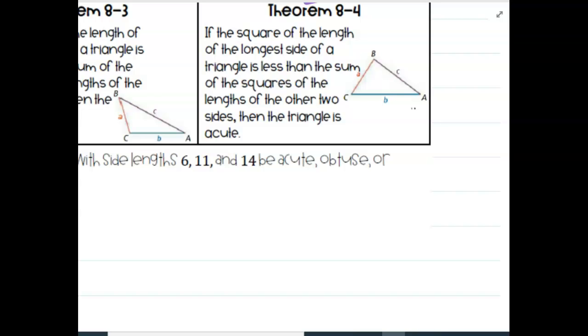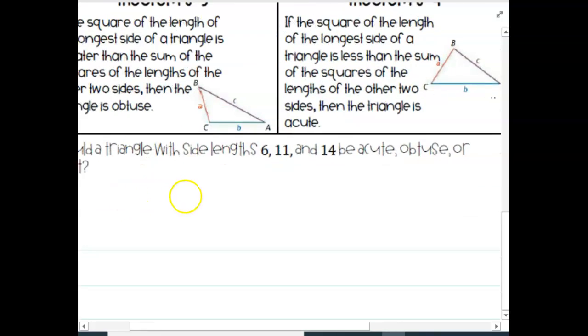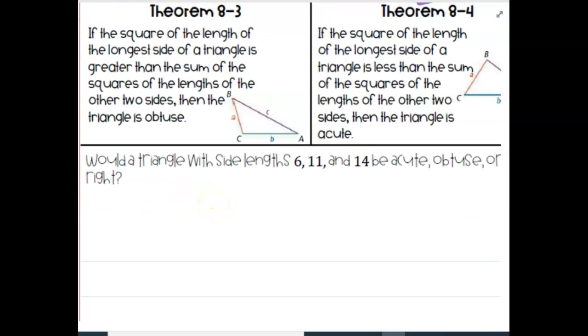Okay? Now it turns out that by using an application of the Pythagorean theorem, you can decide whether a triangle is going to be a right triangle, obviously, because if it works in a squared plus b squared equals c squared, it's a right triangle. But it turns out that if you plug those numbers in, you can tell if it's not a right triangle, whether it's going to be acute or obtuse. And how you're going to know is you're going to look at the longest side. So out of your 3 side lengths, you're going to look at the longest side.